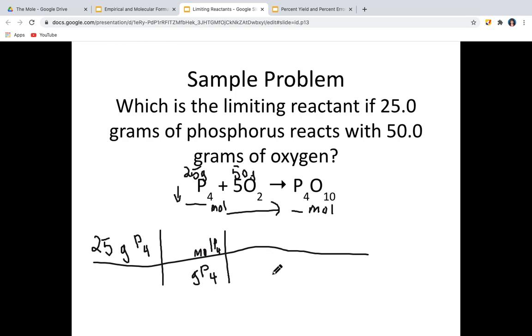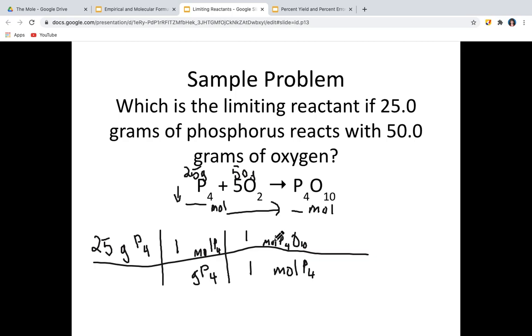Now, the molar mass for phosphorus is, I've got to have my periodic table here, 30.9, so 31.